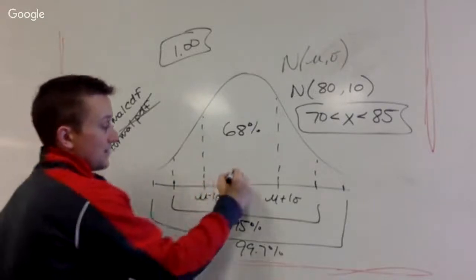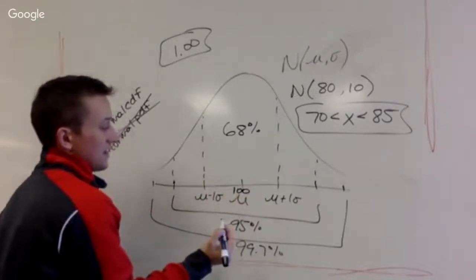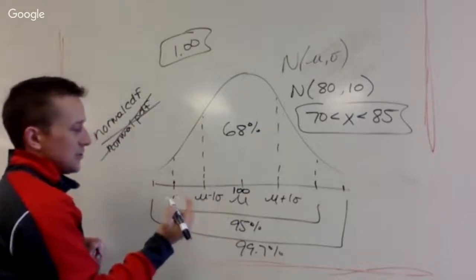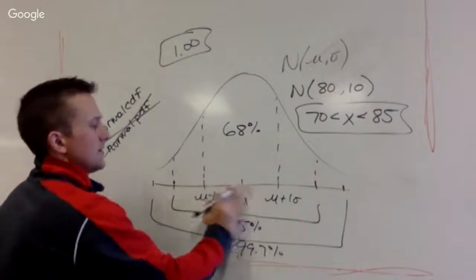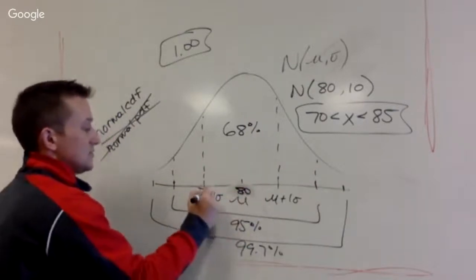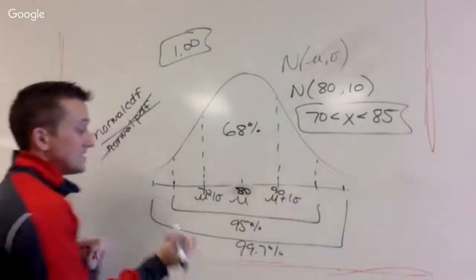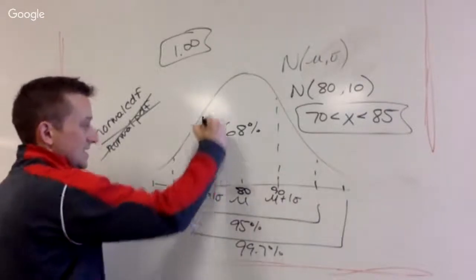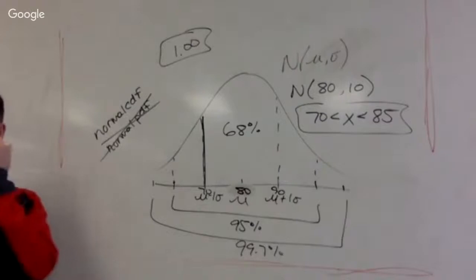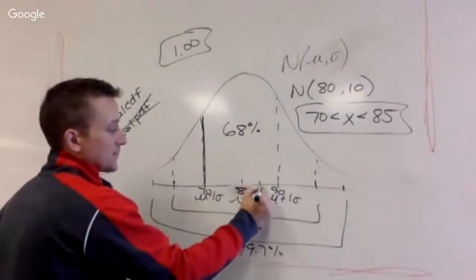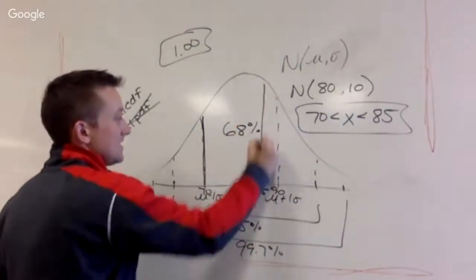But here we have the mean as 100. And if I was to shade this, and 10 is standard deviation, so, oh, I'm sorry, hold up, 80 was the mean, I should change that. So this would be 70, and this would be 90. So really what I'm doing is shading between, and this is what I would do on any problem, just to visualize it, anywhere from 70 to 85 right here.